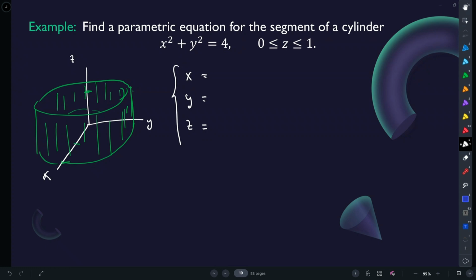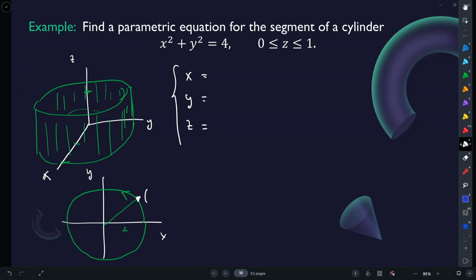So what we are doing here, what Jacob was doing there, is first of all, just look at the cross-section with the xy plane. That is a circle, and we know how to parametrize a circle in that way. This is a circle of radius 2. I know that these coordinates are r cosine theta.